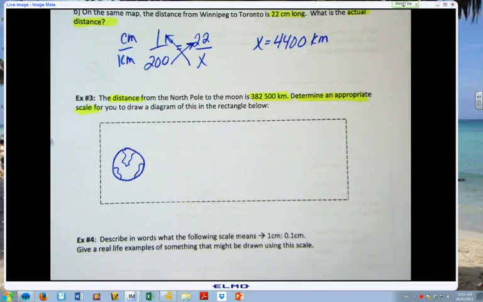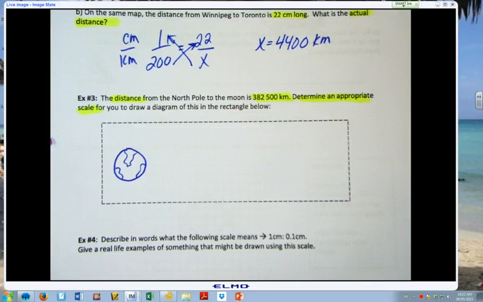Okay, let's try 25,000. Does that work? How about we do one at a time? We're at 25,000. We're doing one suggestion at a time.